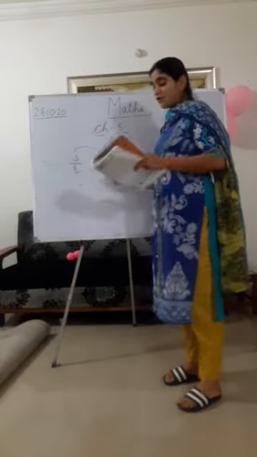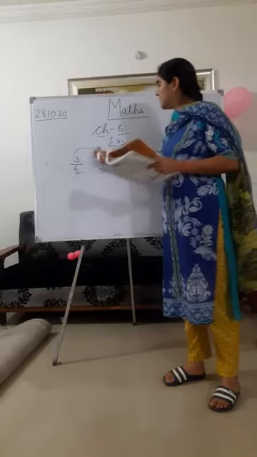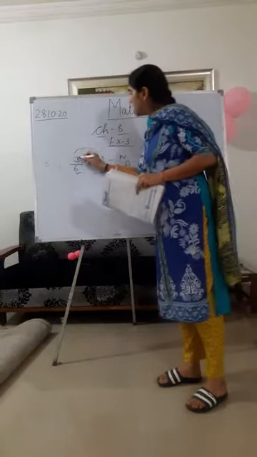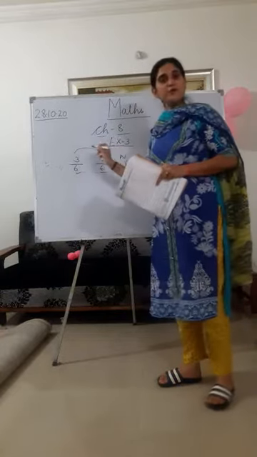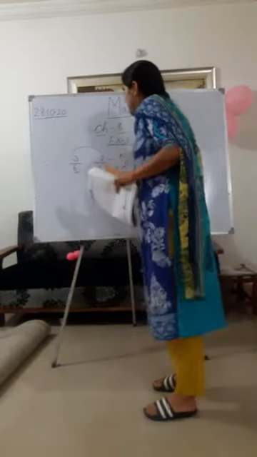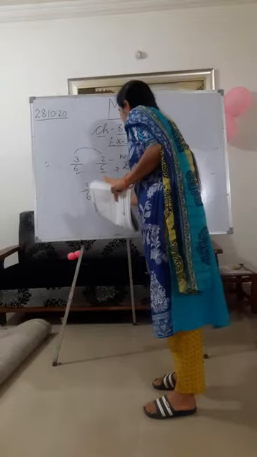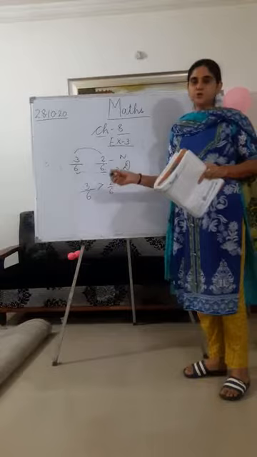Okay, according to rule 1, when the denominators are same, the fraction with the greater numerator is greater. Here it is 3 and here it is 2. So which is the greater numerator among 3 and 2? 3. So which fraction will be greater? 3 upon 6, because 3 is greater than 2.